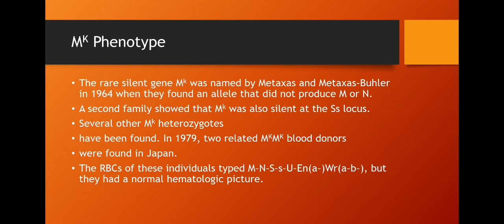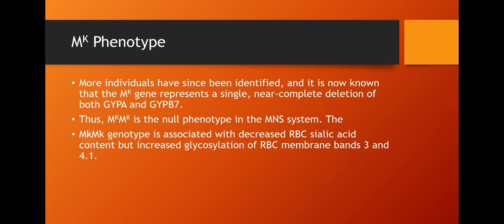Several other Mk homozygotes were found in 1979. Two related Mk blood donors were also found in Japan. The RBCs of these individuals typed MNSs-, U-, and En(a-), but they had a normal hematologic picture.